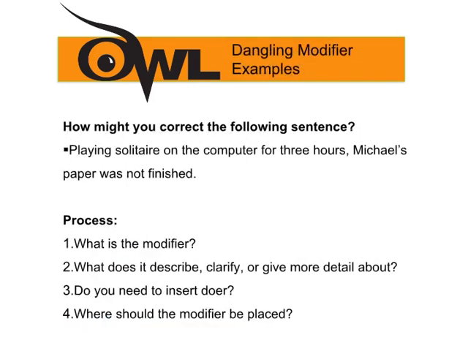How might you correct the following sentence? Playing solitaire on the computer for 3 hours, Michael's paper was not finished. Process. What is the modifier? What does it describe, clarify, or give more detail about? Do you need to insert a doer? Where should the modifier be placed?